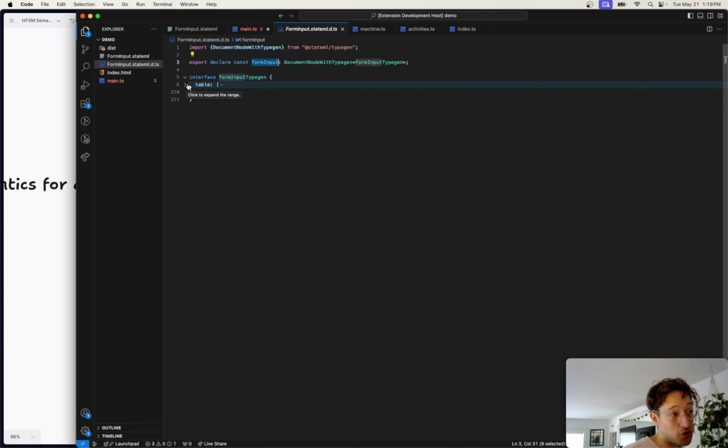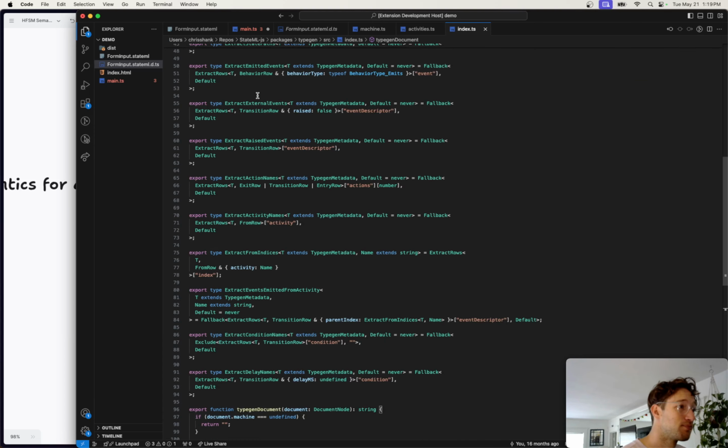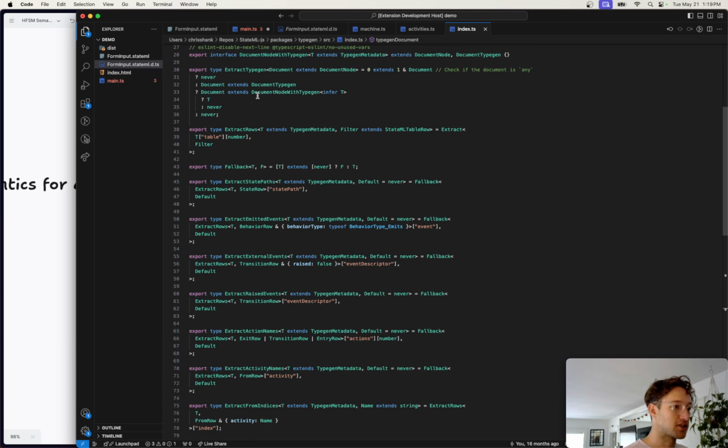All you need to know is that it's an array of the entire state chart, and we could have some very simple utility types here. So these are all the utility types for type gen that can extract all different types of things. So if we want to extract all the states of the state chart, we can just take that type, and there's a little pattern matching utility type that just gets all the states from the state chart, and then grabs their state path and creates a union out of them.